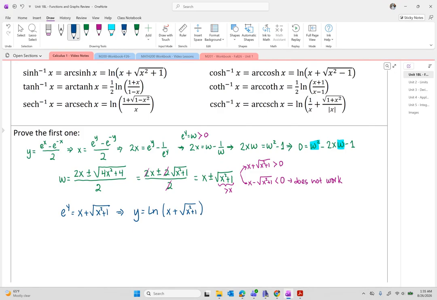And this y was the inverse hyperbolic sine of x. Actually, that would be the inverse hyperbolic sine of x because I swapped the x's and y's here, which is what I wanted to find. Here is how I found and proved the first identity.